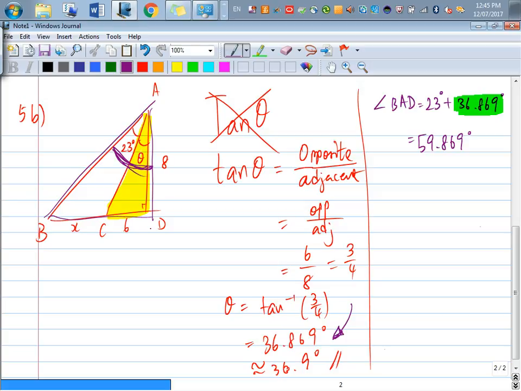What trigonometric ratio should we use? Which ratio should we use? AD and BD, as well as that angle in purple. Tangent again. Can we use that? Yes, we can. So tangent, small t, tangent 59.869 degrees. Over here, I want to draw your attention to this angle.